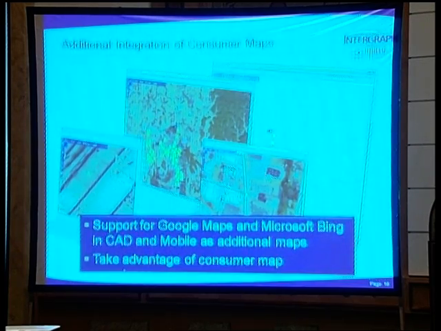You must have this data in your environment, because you must be sure that you have very high availability, 99.999%, to have this data accessible. But additionally, you must have an open system which gives you the capability to also access consumer data like Google Maps or Microsoft Bing, which are very easily available on the market.